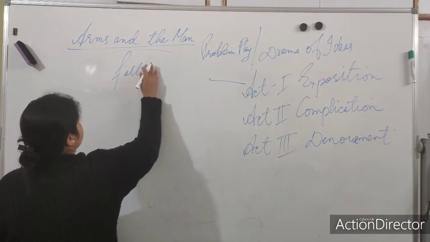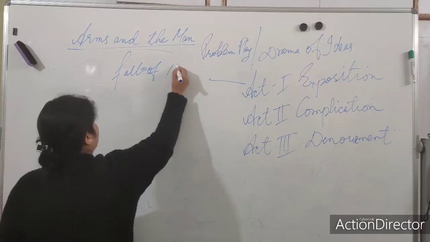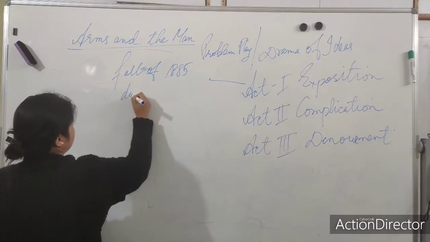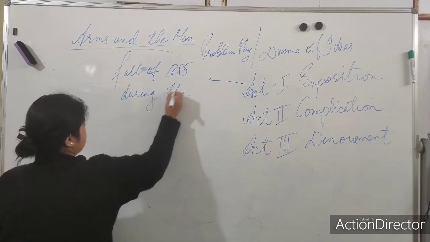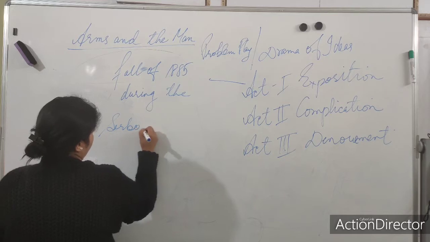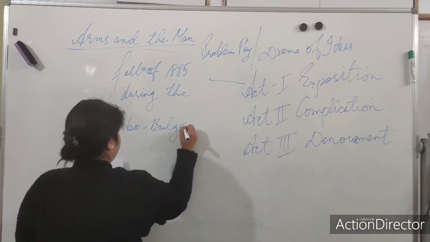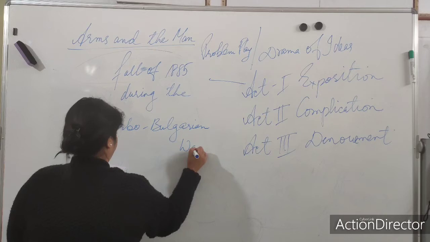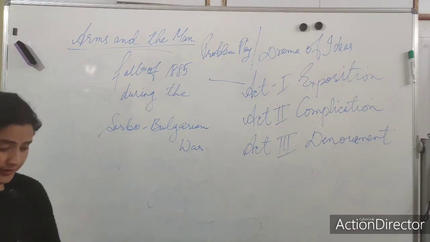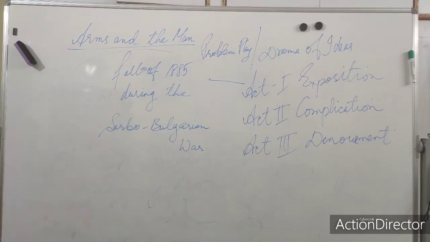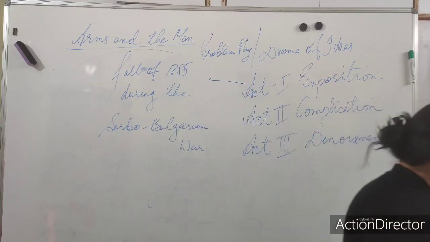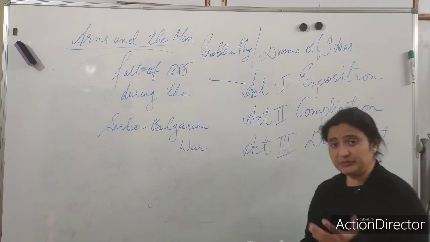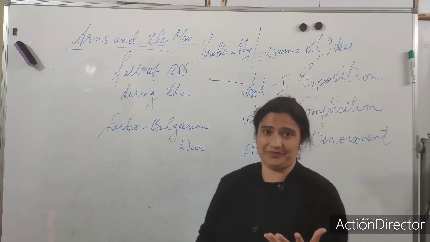It opens in the fall of 1885 during the Serbo-Bulgarian War. Now, what you have to remember here, generally when a play has a background, then we say that on that background the play develops, right?